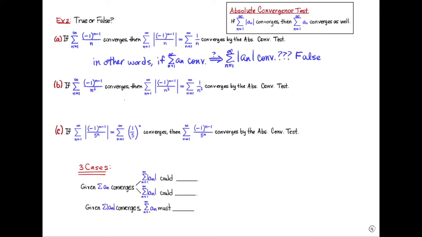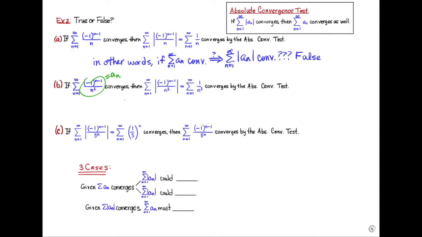Next example. Here we have the sum of -1 to the n minus 1 over n squared. This series converges, and so can we say that the absolute value of the terms also converges by the absolute convergence test? So here our a sub n would be the -1 to the n minus 1 over n squared.